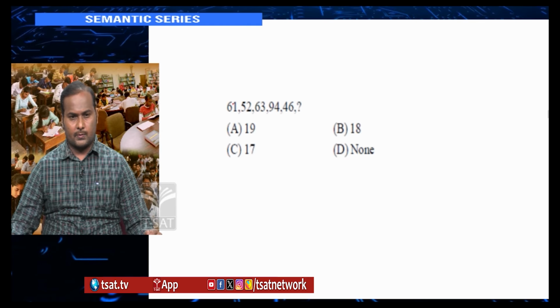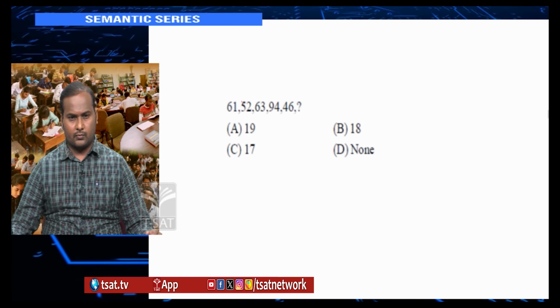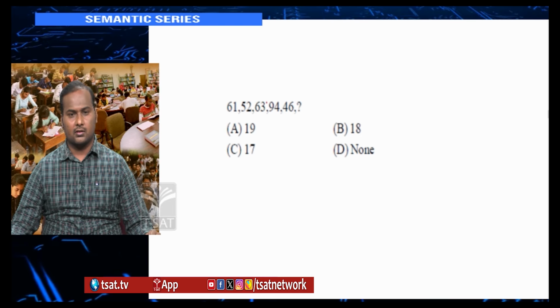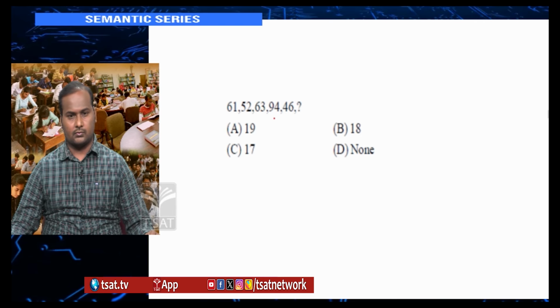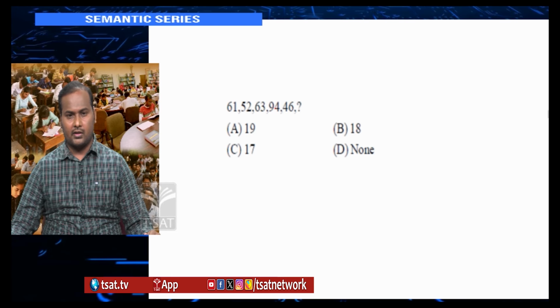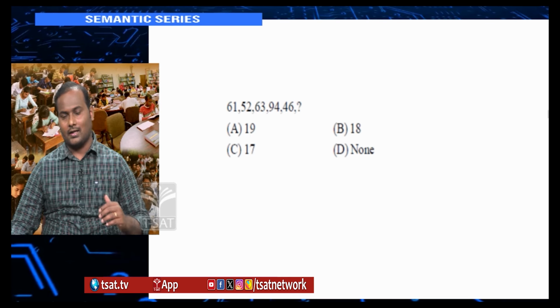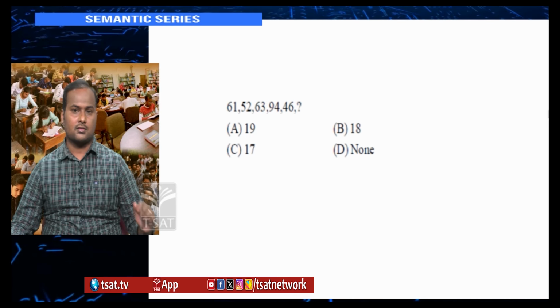In this kind of question, 61, 52, first it is decreasing, 52, 63, again increasing, 63 to 94, again it is increasing, then 94 to 46, again it is decreasing. And if you observe this one, the increase and decrease is also not consistent.